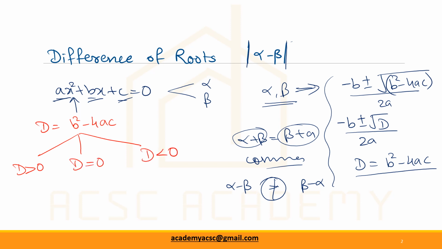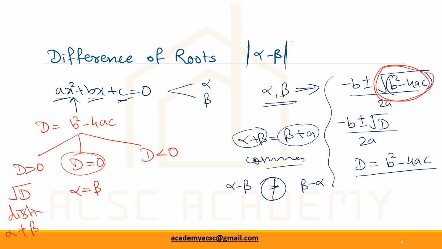So when your d is positive, then the root of d, which means the root of b squared minus 4ac, would give some positive result. And hence in that case we get distinct roots. Alpha and beta are not the same. Then coming to case 2, when d is equal to 0, in that case we have alpha equal to beta. There is a single root of that quadratic.